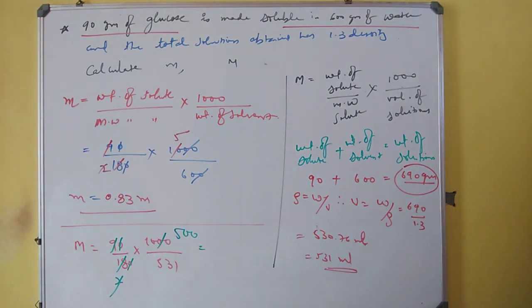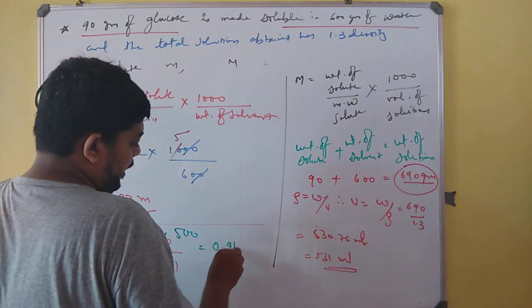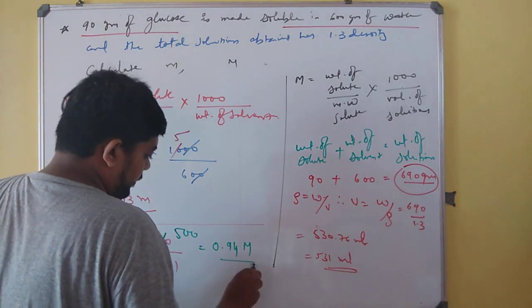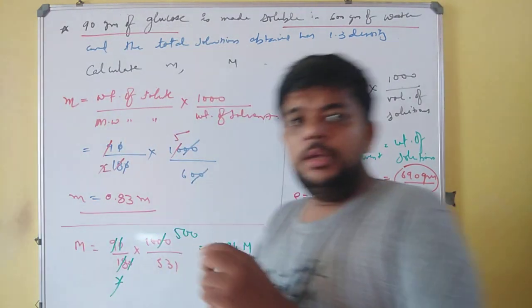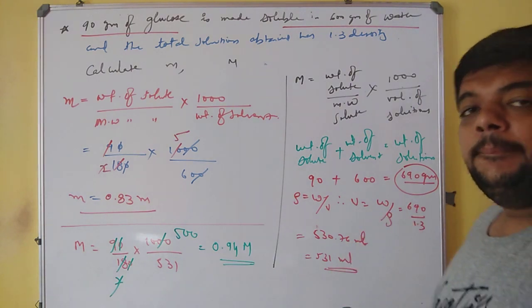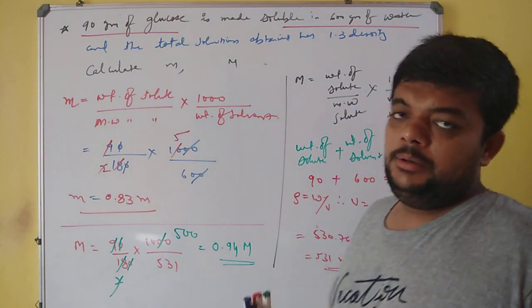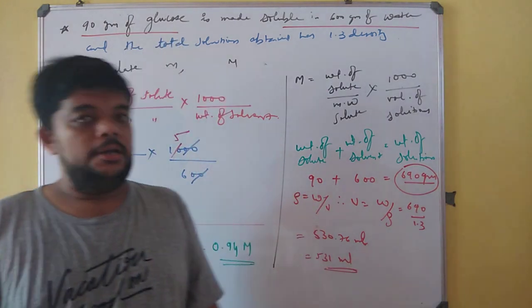So 500 divided by 531, and it will be 0.94 molar. So friends, this is how, according to me, the concepts of molarity and molality are to be done.